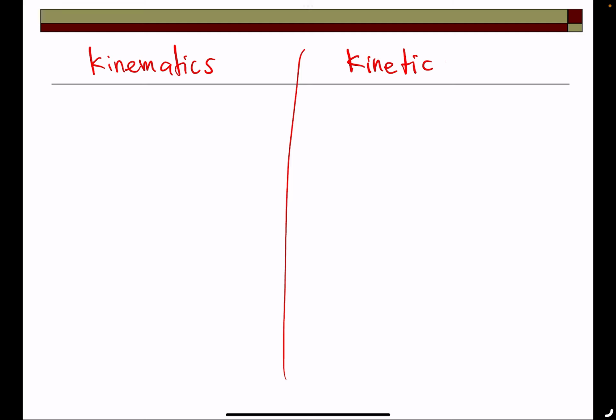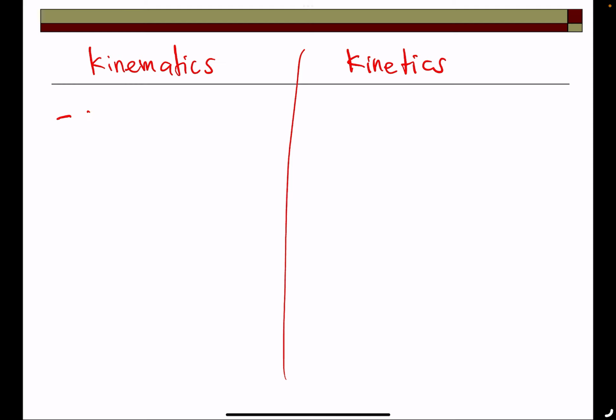Before we go further into the lecture, let me explain the difference between kinematics and kinetics again. I believe you already know the differences. Kinematics you learned in the previous weeks, and for today you will learn about kinetics. Kinematics is where the rigid body or the particle is moving without any forces applied.